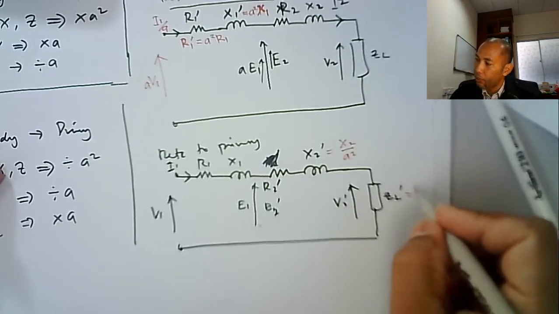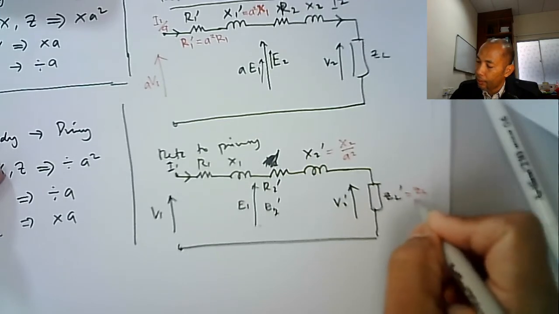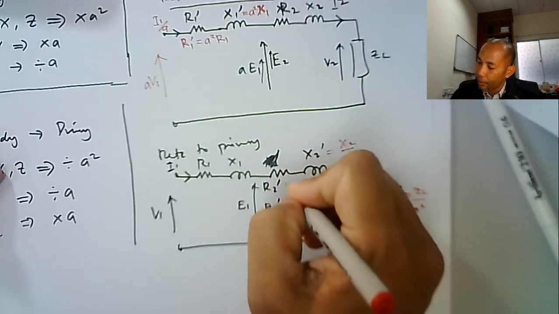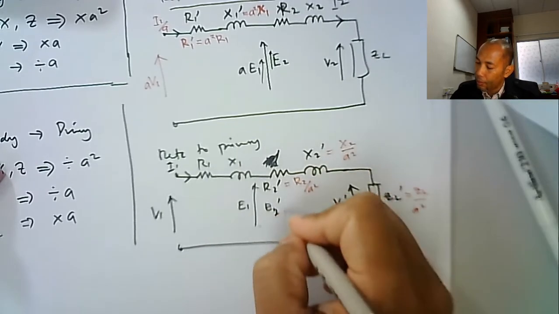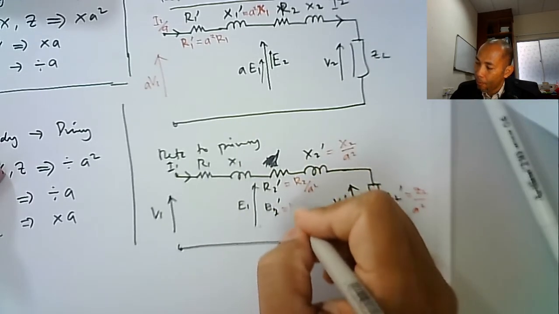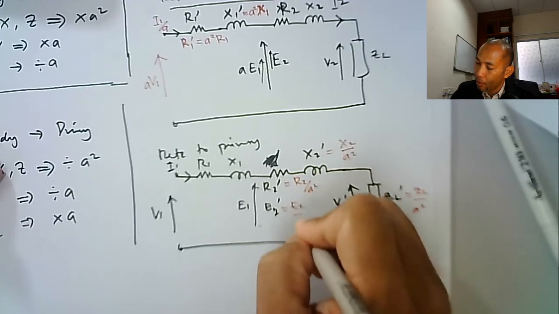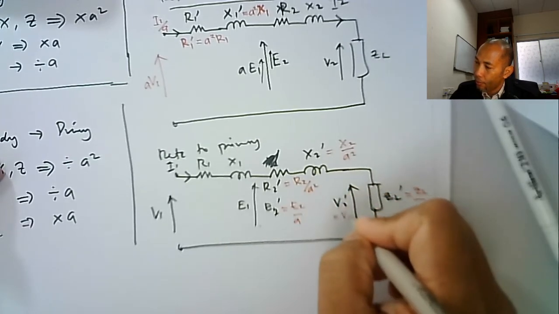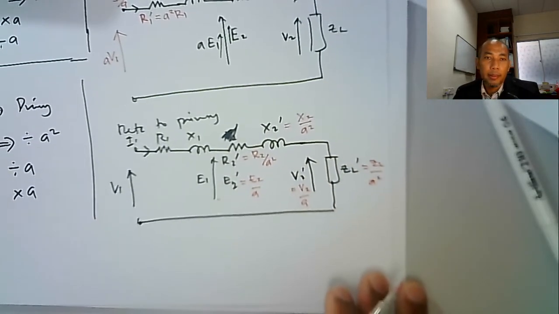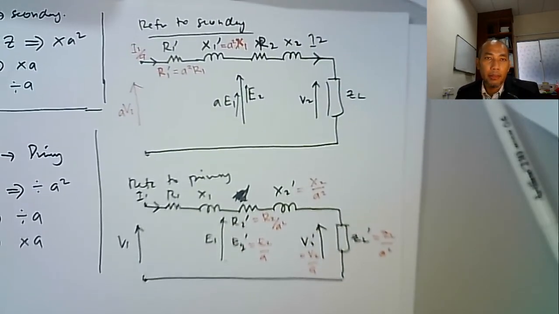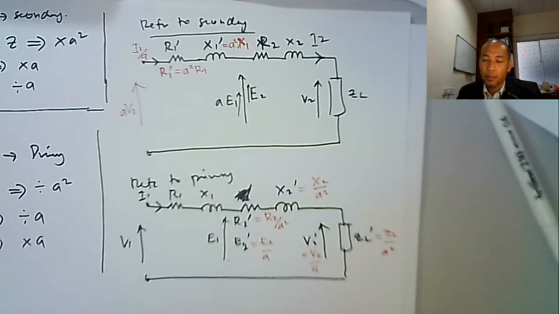ZL prime is equal to ZL divided by A square. R2 prime equal to R2 divided by A square. Okay, this is the final circuit.